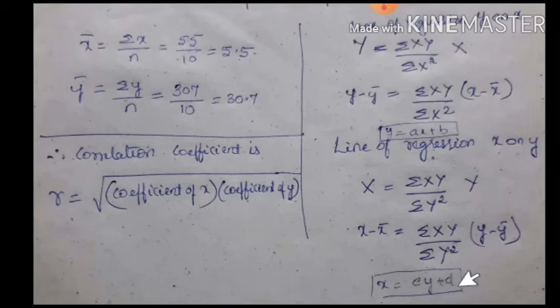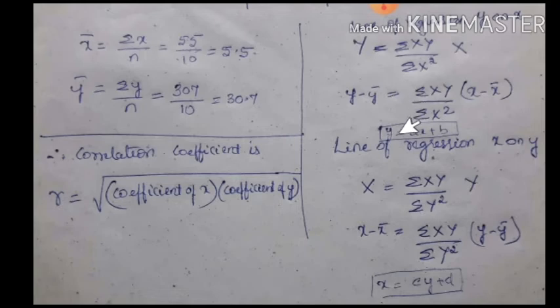Now here, there is no need to use the correlation coefficient formula as in the previous problem I discussed. After obtaining the lines of regression, the correlation coefficient can be obtained directly with the formula: square root of the coefficient of x and the coefficient of y.